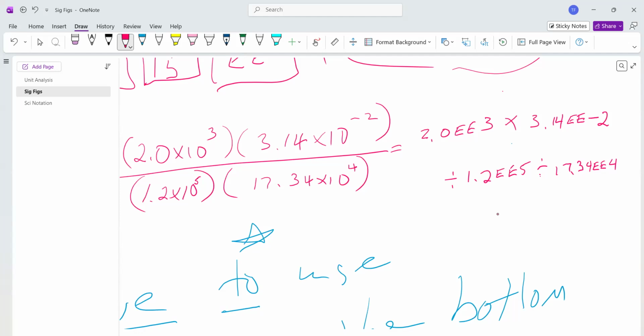Okay, so my answer is, and that's 2 sig figs, 2 sig figs, 3 sig figs, 4. So my answer is going to be in 2 sig figs, which is going to be 3.0 times 10 to the minus 9. Okay, I'd like for all of you to try this and see if you get this answer.